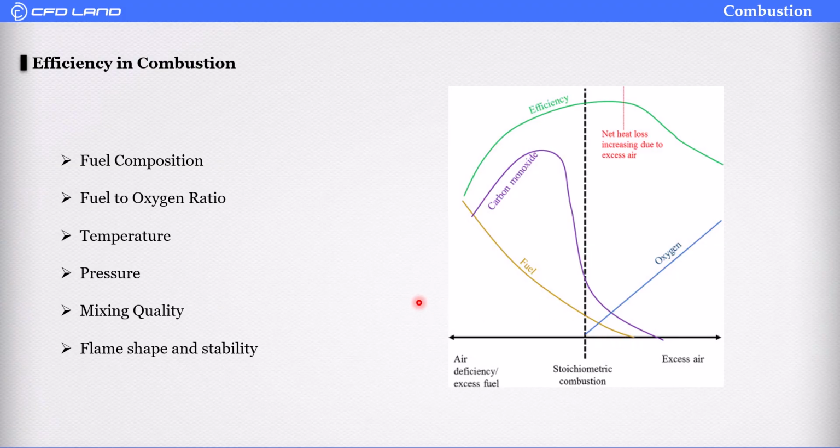The reactions are not always so direct. It's not that we have the reactants on the left side and they directly change to products, carbon dioxide and water. Sometimes there is a chain of reactions.